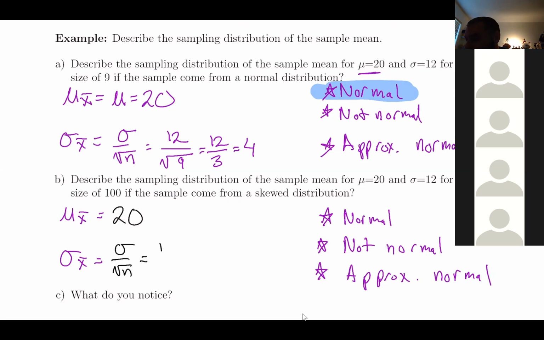Sigma is still equal to 12, but n in this problem is equal to what? 100. Yeah, 100. So say square root of 100. Everybody good so far on 12 divided by square root of 100? Alrighty. So if you do 12 divided by square root of 100, what do we get for the answer for that one?